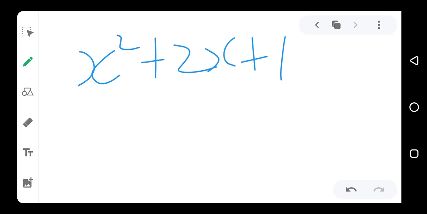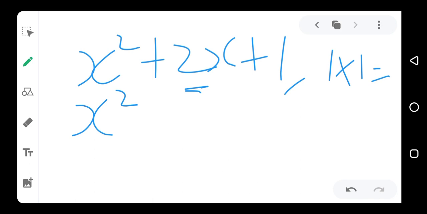If you want to factorize this, we need two numbers that, if we multiply them, give us 1, and when we add them, give us 2. The only thing we can multiply to give us 1 is 1 and 1. 1 times 1 is equal to 1. 1 plus 1 is equal to 2. Okay, positive, positive.